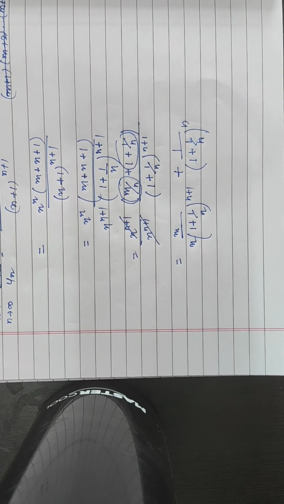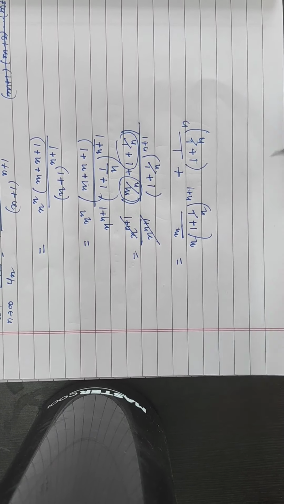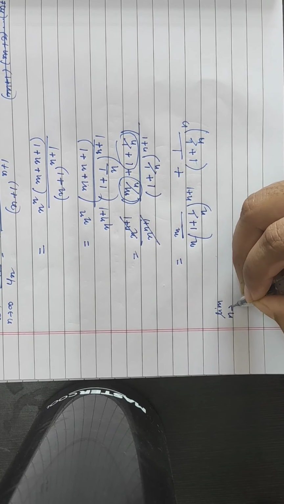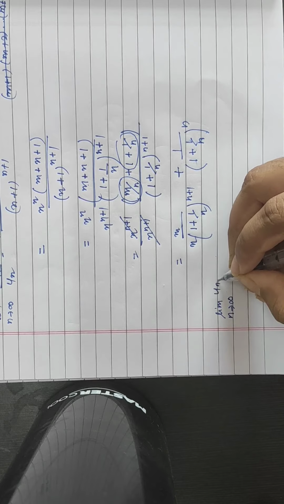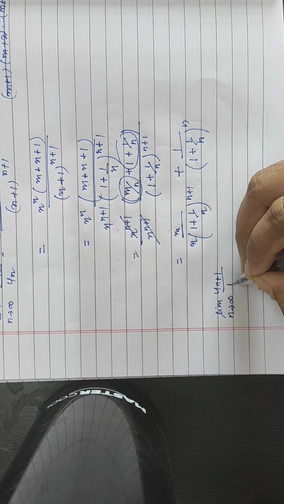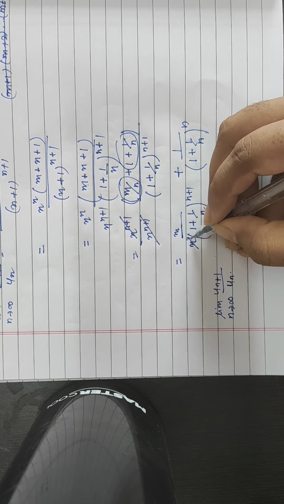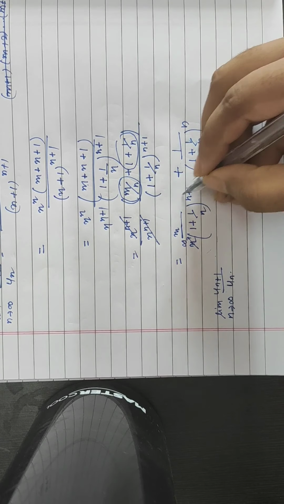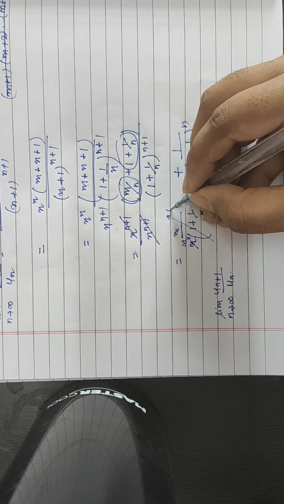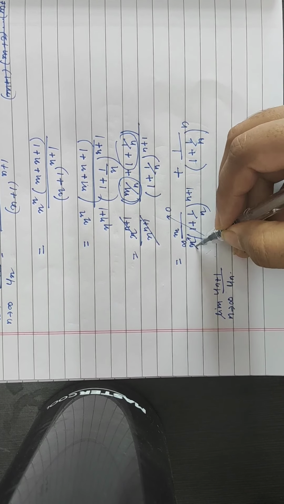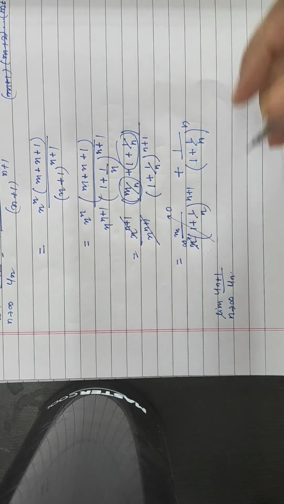So same here, applying the algebra of limits, we look at limit n tends to infinity u_(n+1) by u_n. As n tends to infinity, this complete term will be equal to 0, because n is here.